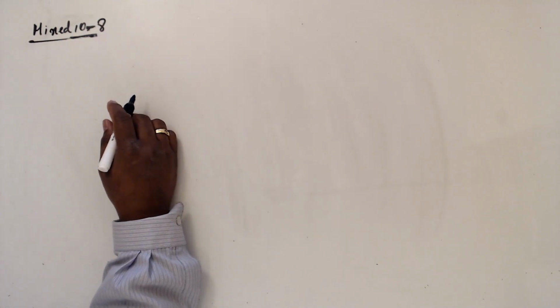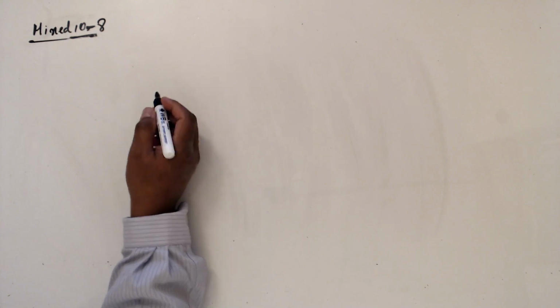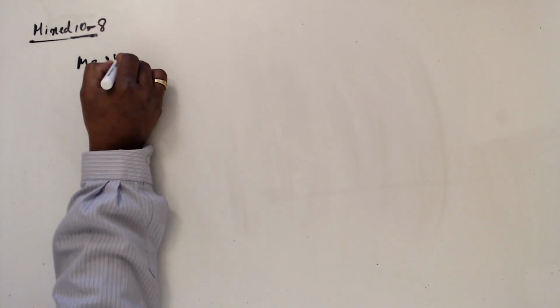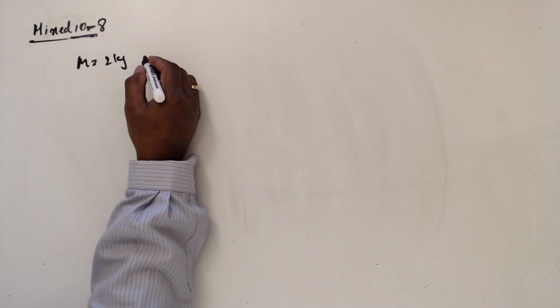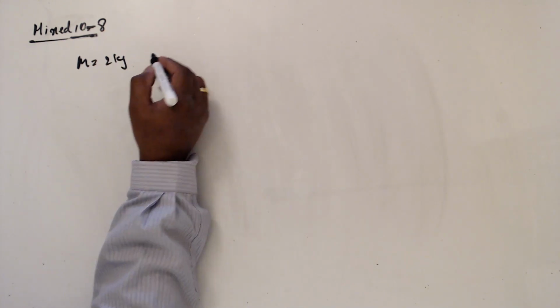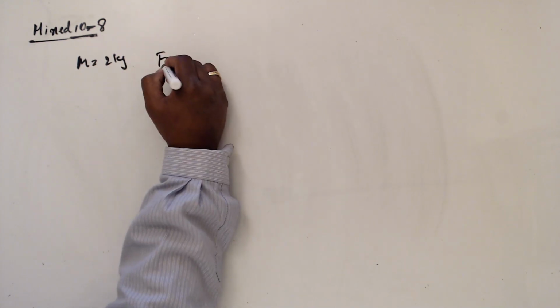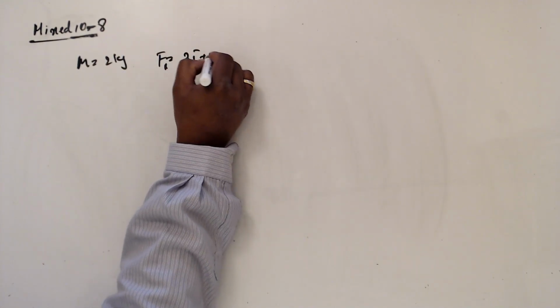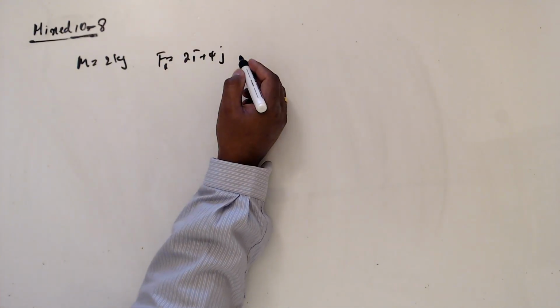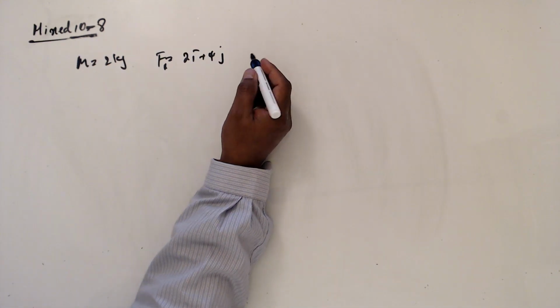Question number 8, a slider of mass 2 kg. So mass is 2 kg. Initially at rest on the horizontal plane, acted upon by a force of 2i plus 4j. So the force, let's say F1, is 2i plus 4j for 3 seconds. Find the magnitude of the acceleration.